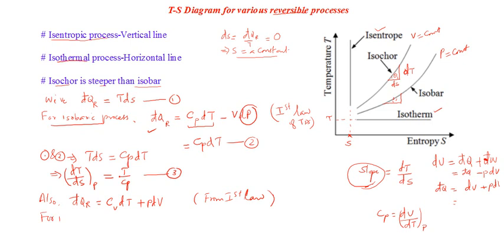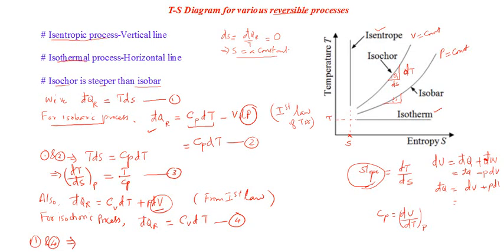Now for isochoric process, there is an advantage. dV will be equal to 0. So d bar qr will be simply equal to Cv dt. That is my fourth equation. Now can you use equation 1 and 4 in the same manner? From 1 and 4, you will get T ds is equal to Cv dt.